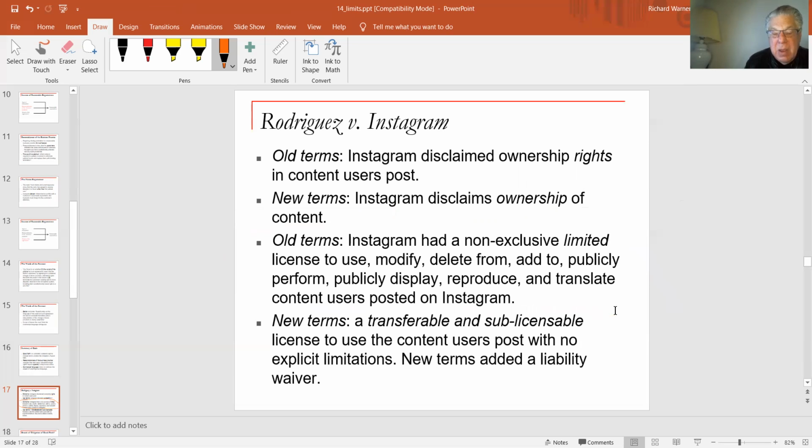Now, when Facebook buys Instagram, they rewrite the retroactively updatable contract and they change it in what looks like an unimportant way. Facebook says, look, nothing's changed. We disclaim any ownership of your content. You own it, we don't own it. But they changed the license agreement.